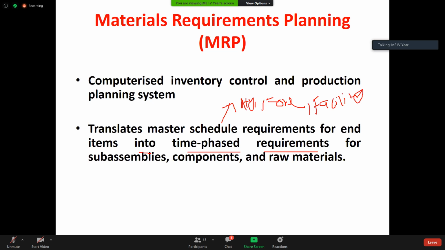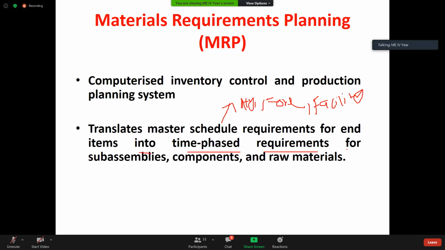A number of people and a number of departments will get involved. If you maintain every department-wise, every stage time phase, then only can you achieve it. And if you achieve it in-house, then only can you achieve the customer's delivery date.